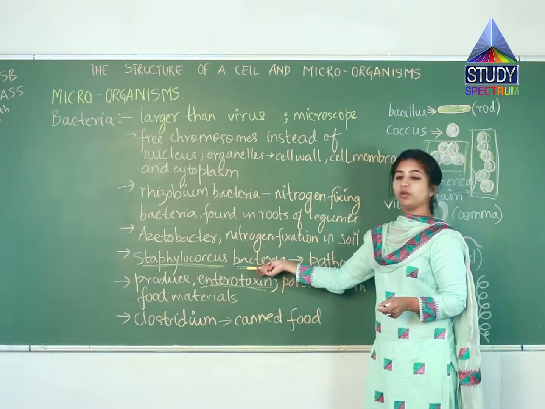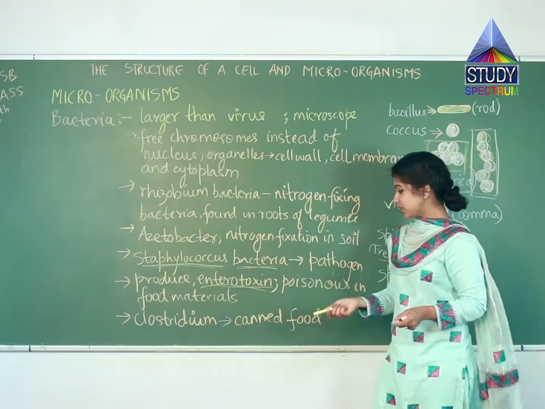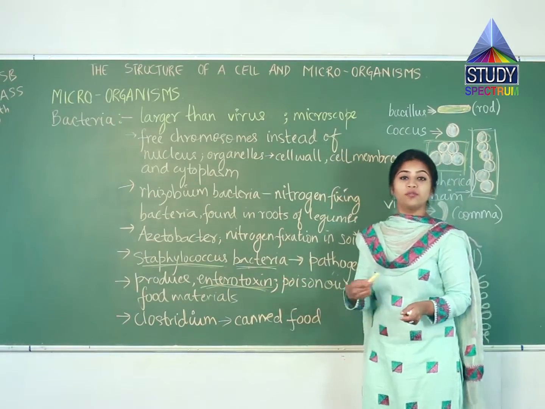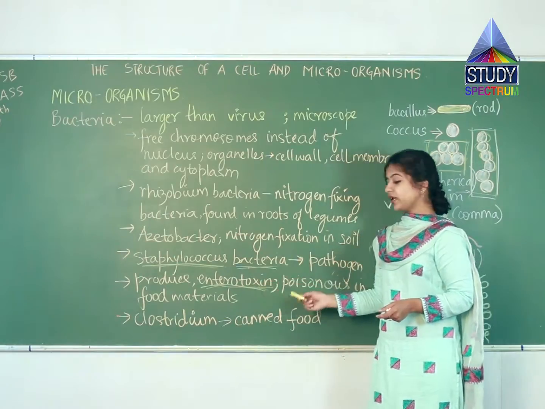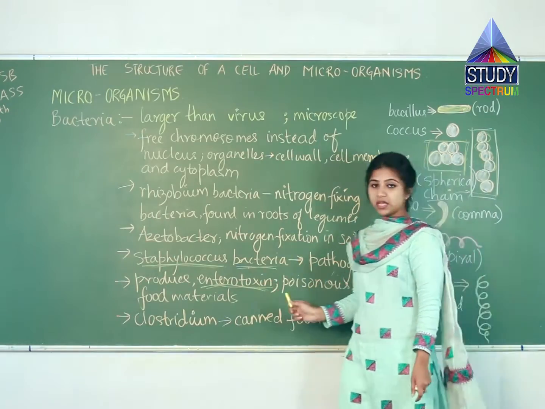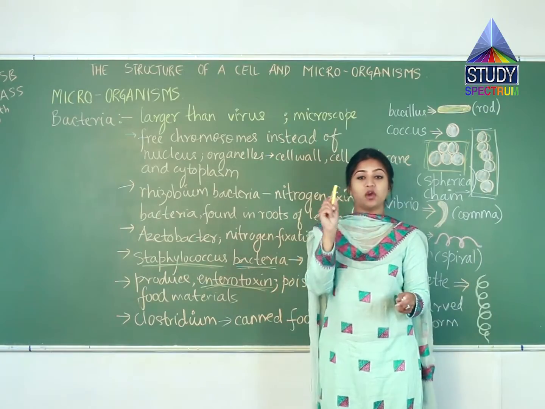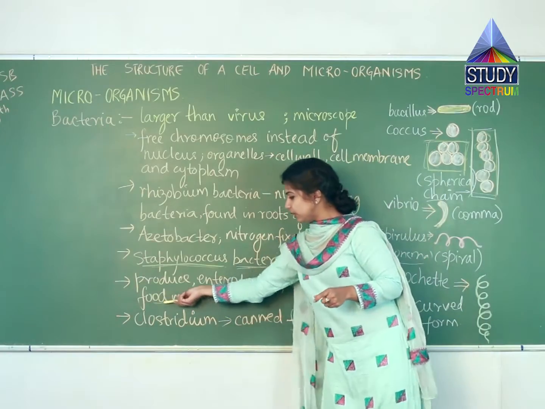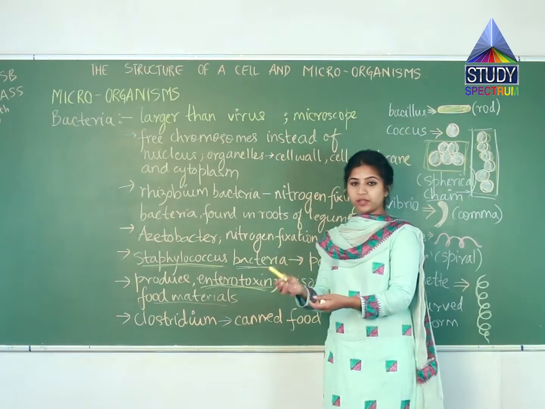So what does this Staphylococcus bacteria do? It actually produces a very poisonous toxin like enterotoxin, and it releases it in the food. Now this enterotoxin, a poisonous chemical that is produced in the cell body of the bacteria, is introduced in the food material, and it would do nothing but infect the food.